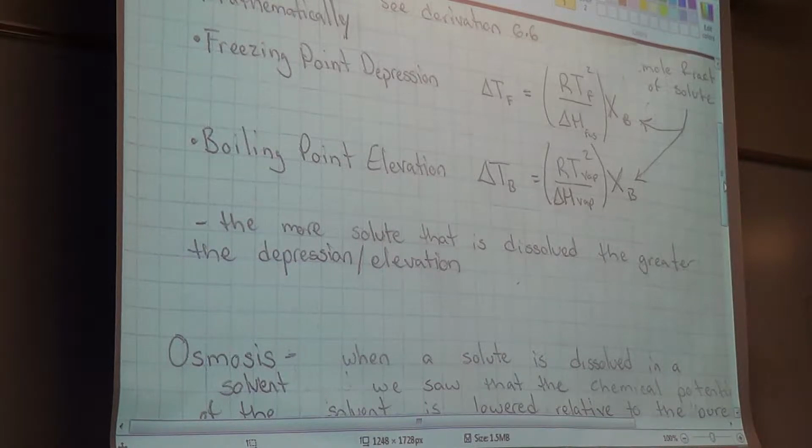We looked at the freezing point depression and the boiling point elevation as a function of having interference from the solute species in the phase transition, and so you would expect that the larger the number of these species you have, the greater the magnitude of the effect is going to be.